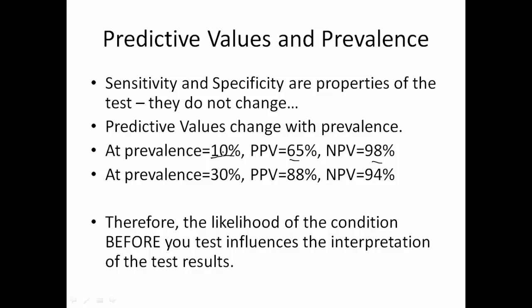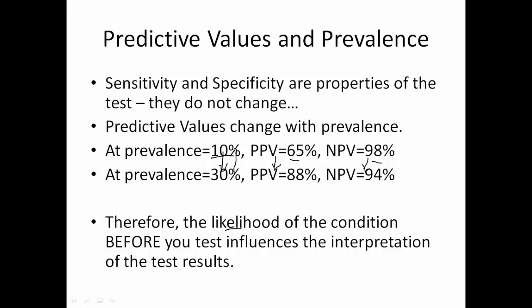In the case of a rising prevalence, the positive predictive value increases, the negative predictive value decreases. And that's true for all predictive values. As the prevalence increases, as your baseline is more likely to have the disease, your positive predictive value will increase. The test will be more likely to give you a positive result. As prevalence increases, the test will be less likely to give you a negative result.